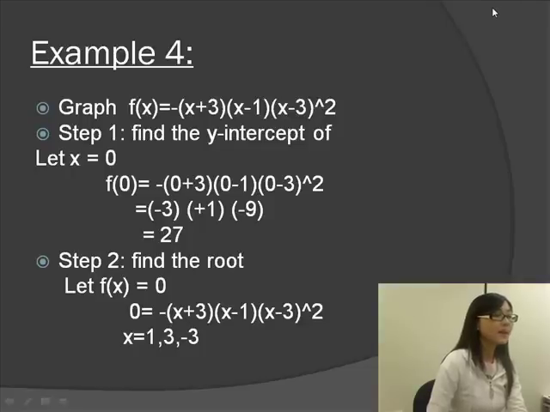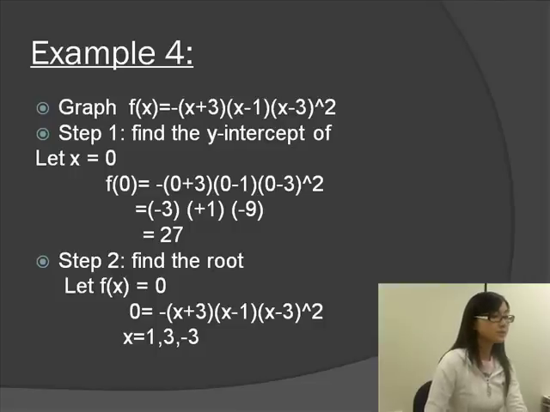Now let's look at example 4 from your learning resources. It asks us to graph f of x equals negative in bracket x plus 3, times in bracket x minus 1, times in bracket x minus 3 to the power of 2. So first of all, we have to find the y-intercept. We know that at the y-axis, x equals 0.